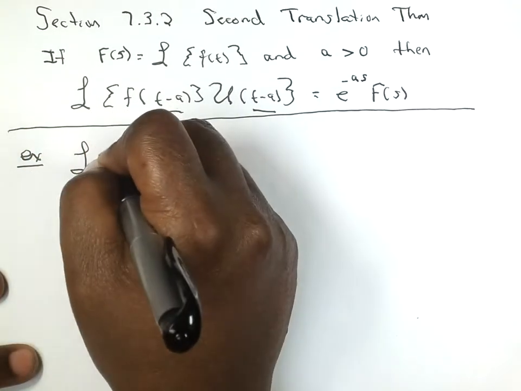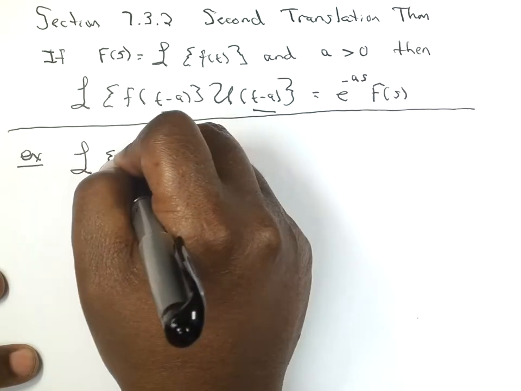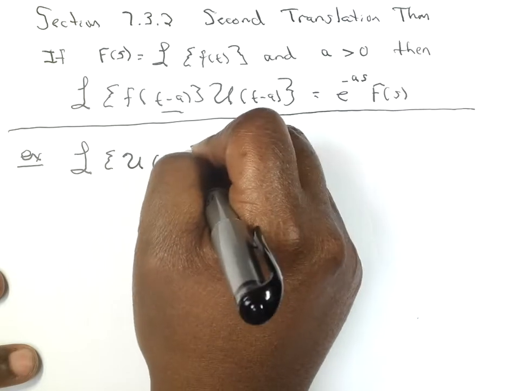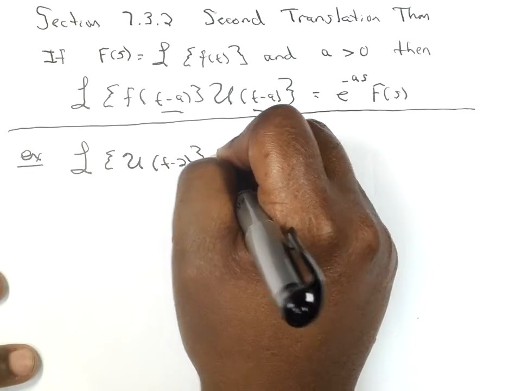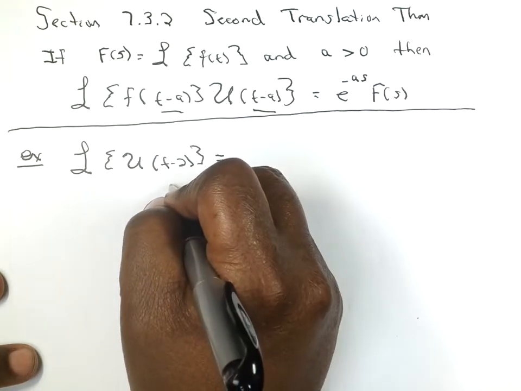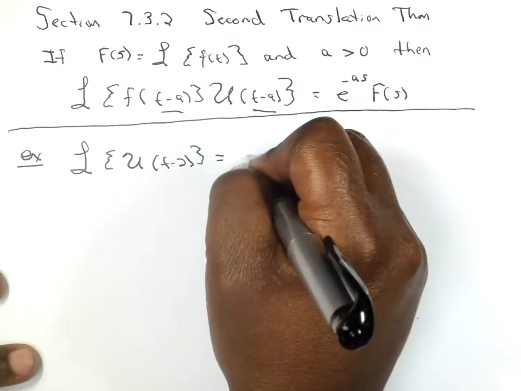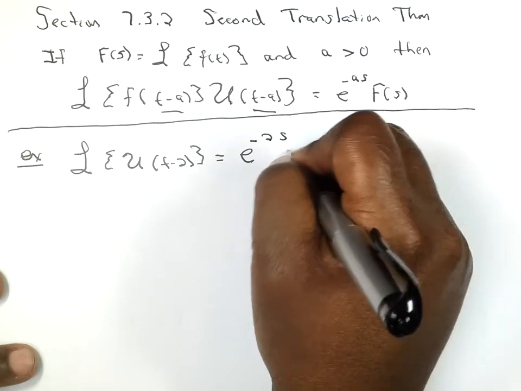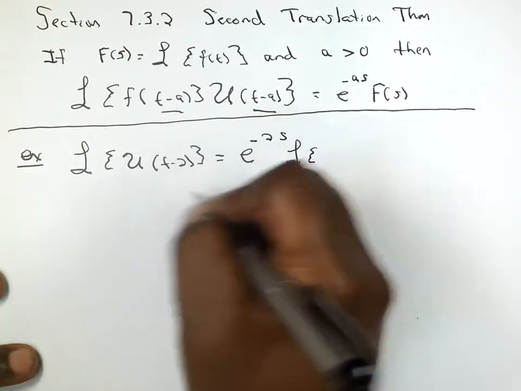All right, so the Laplace transform of u of t minus 2. So again, this a is equal to 2, but I really want negative a. So it's going to be e to the negative 2s times the Laplace transform of just 1.